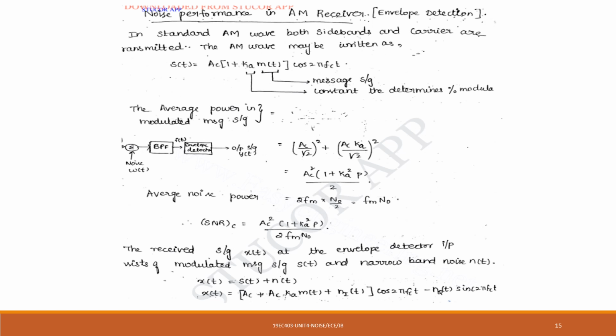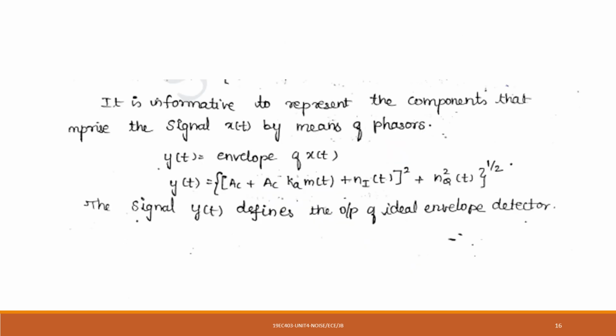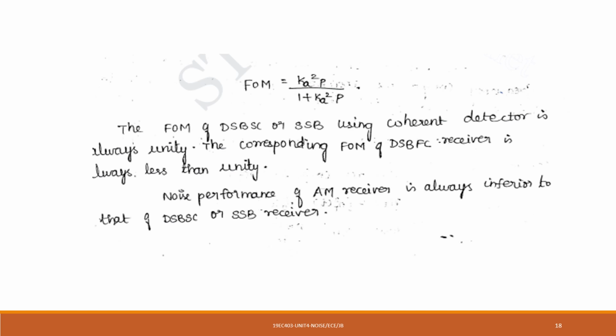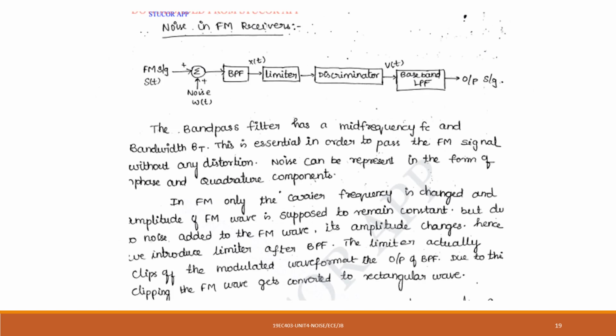So this is just a summary section. Now we'll move on to the performance of noise in case of the FM receiver section. In case of the FM receiver, once again, I go for the demodulator part. Normally, in frequency modulation, only the carrier frequency is changed and the amplitude of the frequency modulated wave is supposed to remain constant, right?